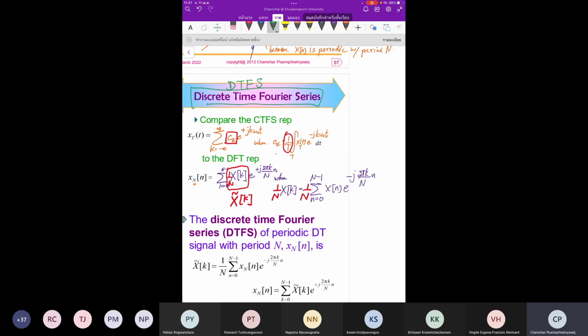And this 1 over n would be equivalent to this 1 over t, and this xn, which is supposed to be periodic with period n, is equivalent to xt above. And the integral becomes summations. Everything is equivalent. Okay, and 1 over n xk is just x tilde k.